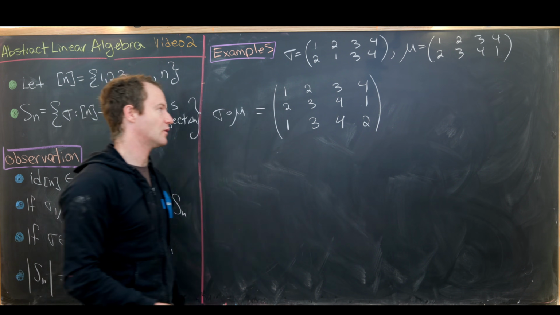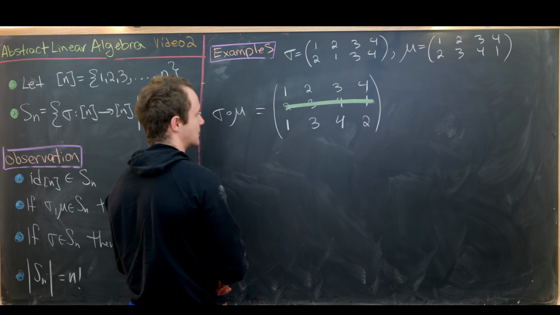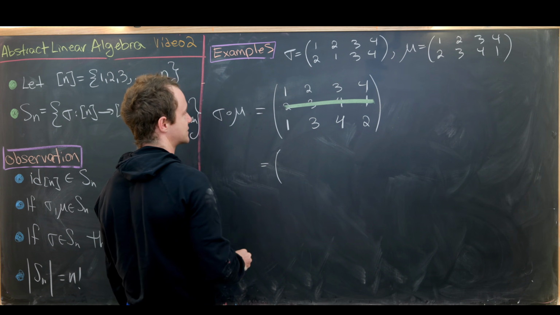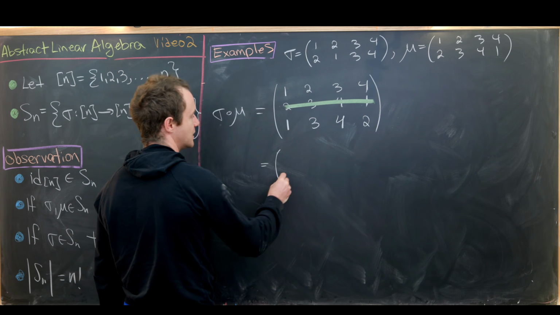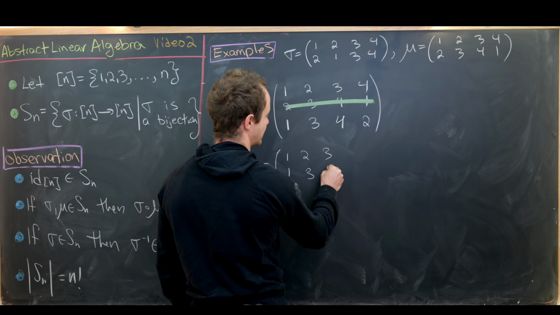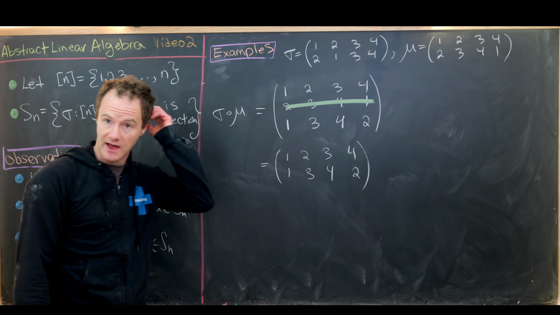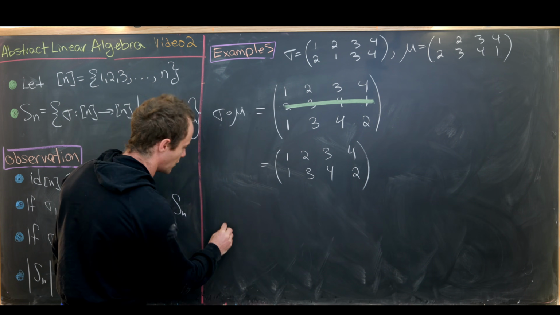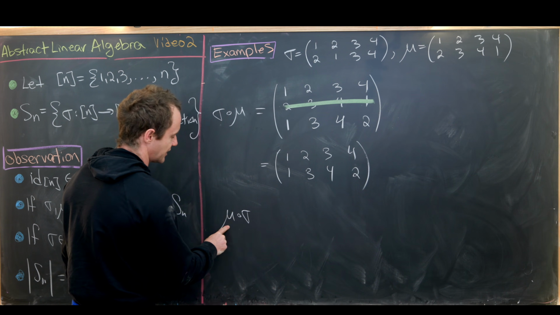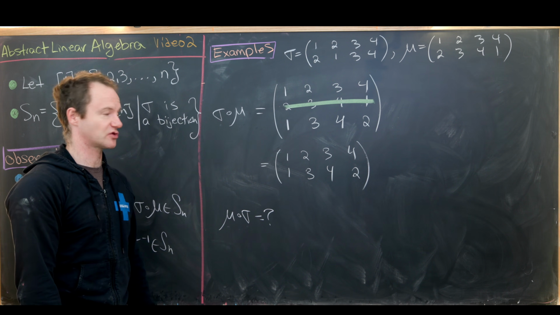Then we'd forget about what's happening in the middle, and then we've got our final description of sigma composed with mu. So it takes 1 to itself, 2 to 3, 3 to 4, and then 4 back to 2, like that. Then maybe as a little warm-up exercise, let's calculate what mu composed with sigma is using the same strategy.